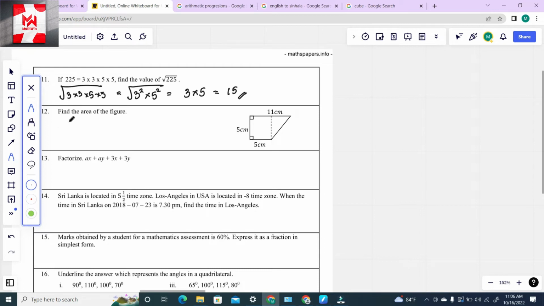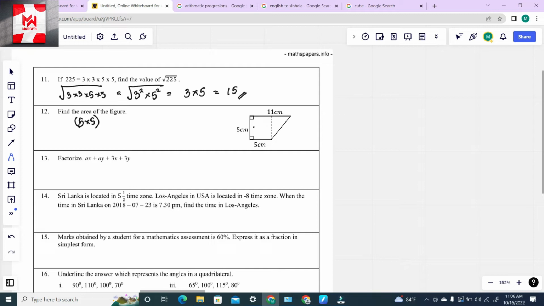And the 12th question, find the area of the figure. So you have to find the area here, one square and a triangle. For the square, 5 into 5 will give you the area.